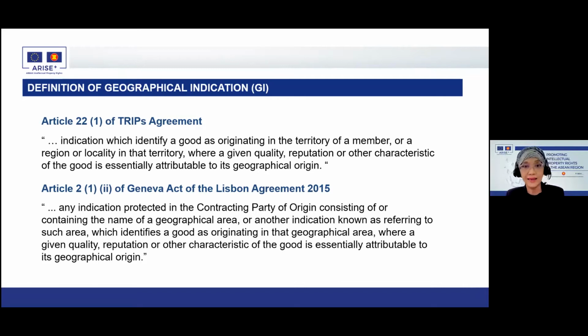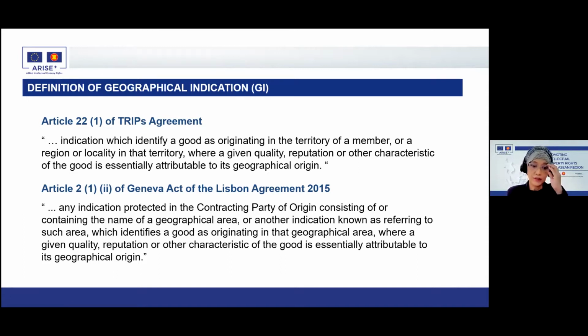Now, I think in ASEAN countries, we have two countries that are members of the Geneva Act of the Lisbon System. So we can compare that geographical indications are merely the same. The difference is that in the TRIPS system, we only define a geographical indication as an indication.